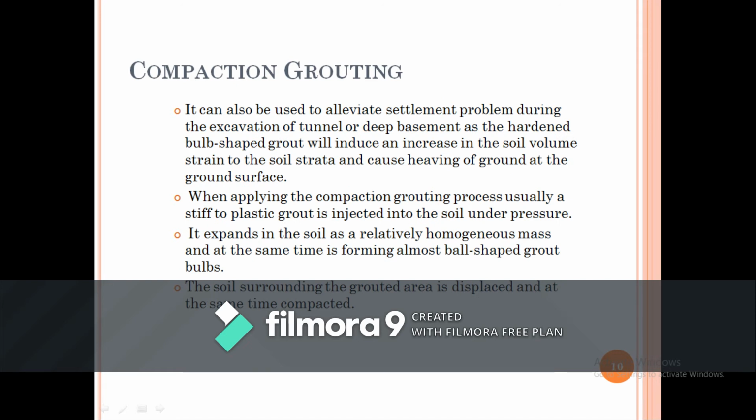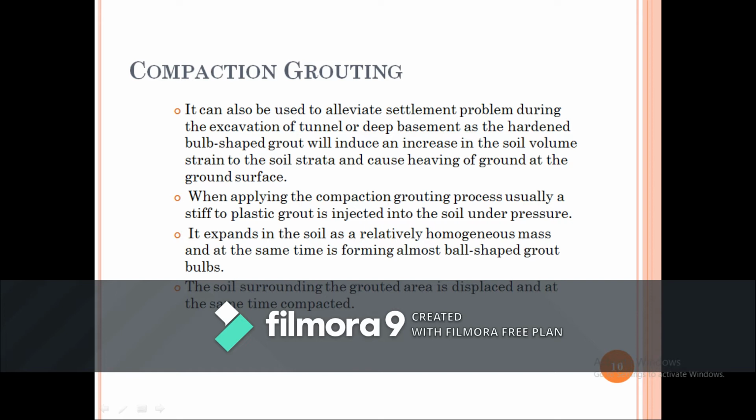In compaction grouting, it can also be used to alleviate settlement problems during the excavation of tunnels or deep basements, as a hardened bulb-shaped grout will induce an increase in soil volume strain in the soil strata, causing heaving of ground at the ground surface. So where are you using this?